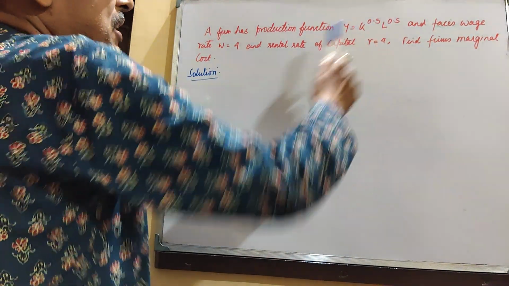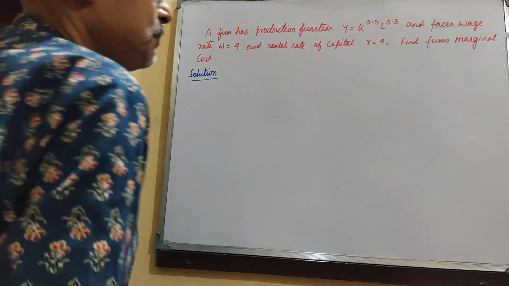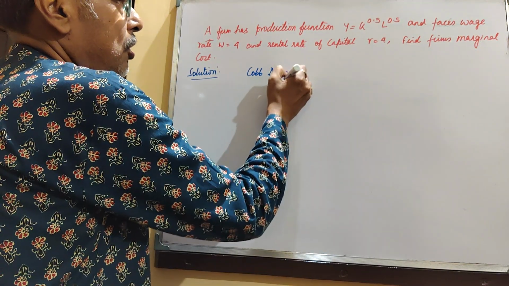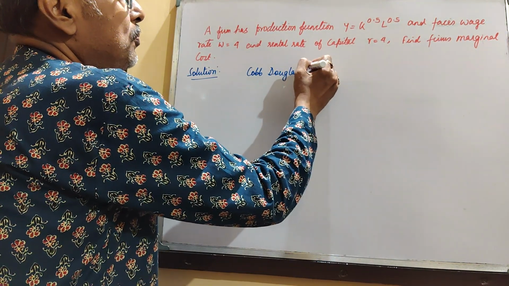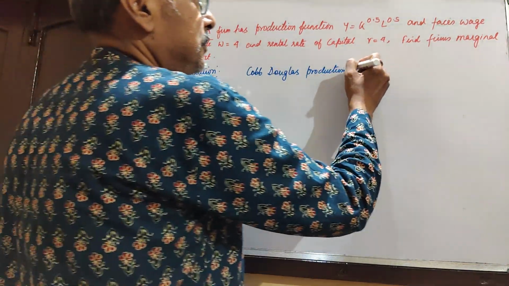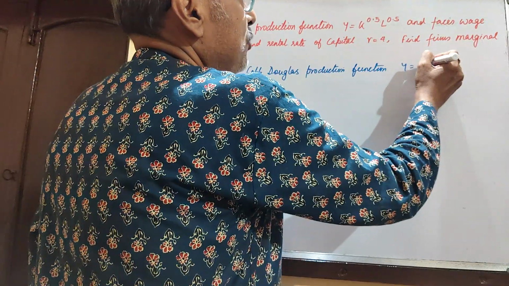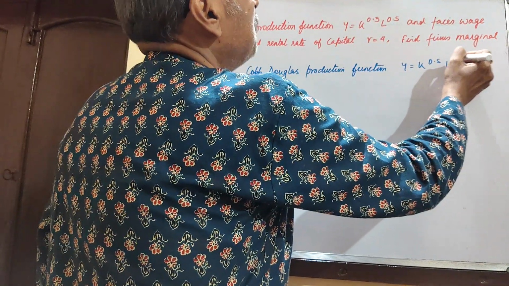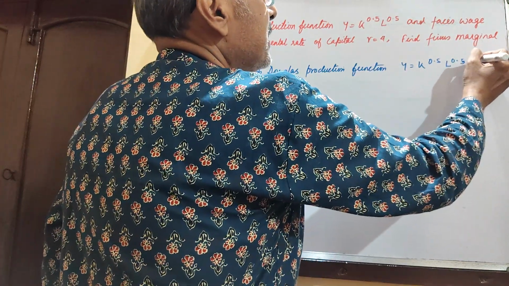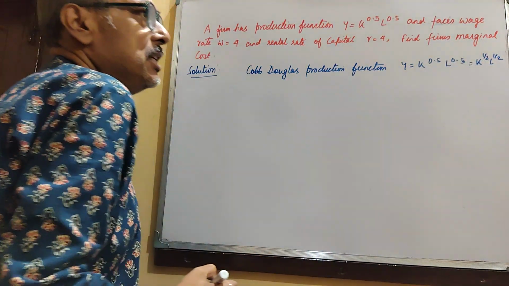Now this is the production function. This production function is called Cobb-Douglas production function. Y equals k to the power 0.5 l to the power 0.5, or we can write it as k to the power half l to the power half.